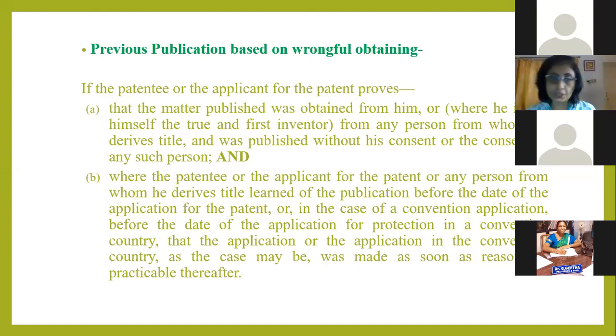that publication by him of the invention which he has obtained and published without the consent of the inventor in the US will not be considered as prior art for the convention application which is filed more than 1 year after the publication of the document, because the inventor, when he came to know in the US that this publication had occurred after this person obtained it from him illegally and published it without his consent, immediately went and filed the US application.